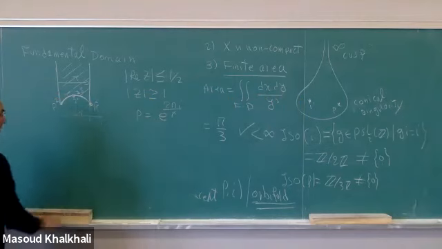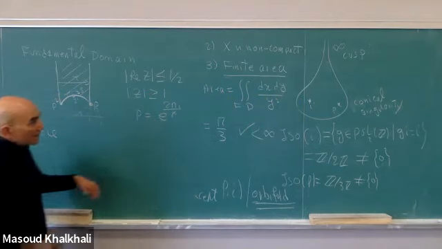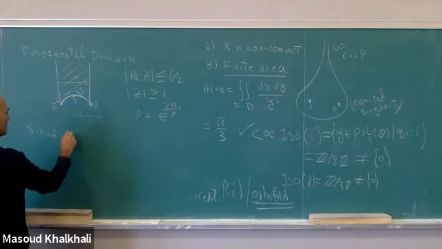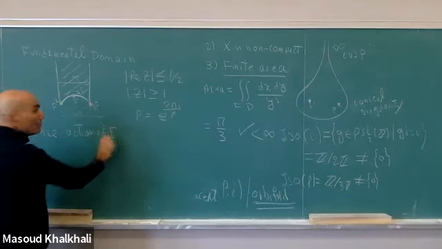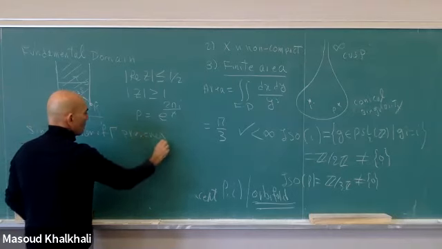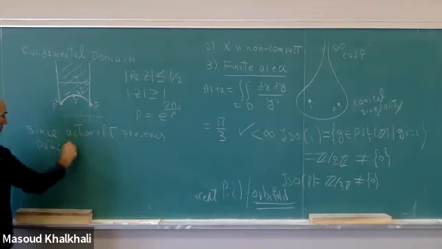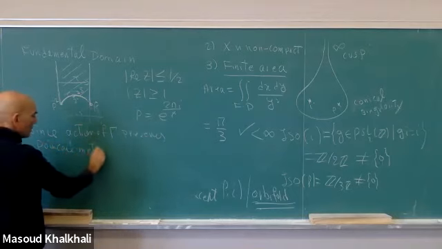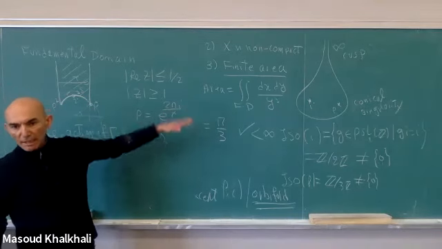Now, since the action of gamma preserves the metric, I mean the Poincare metric, that of course it preserves, it follows that this descends to the quotient.